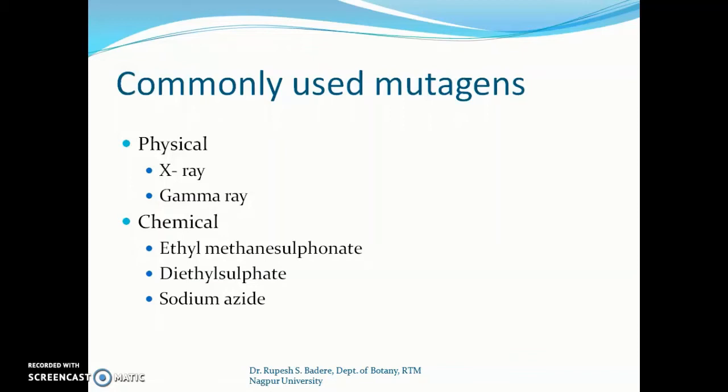Similarly, under chemical mutagens, alkylating agents like ethyl methanesulfonate or diethyl sulfate are commonly used. Apart from that, sodium azide is also used in mutation breeding.